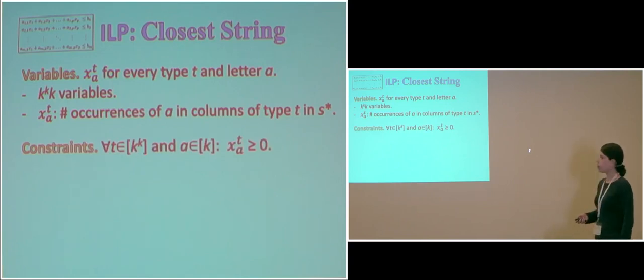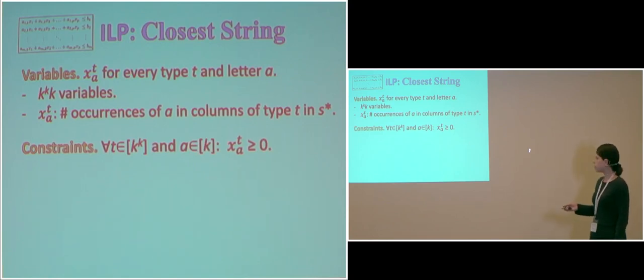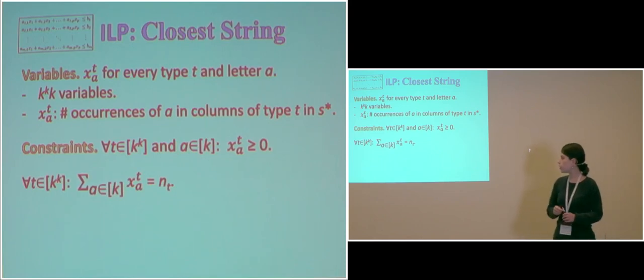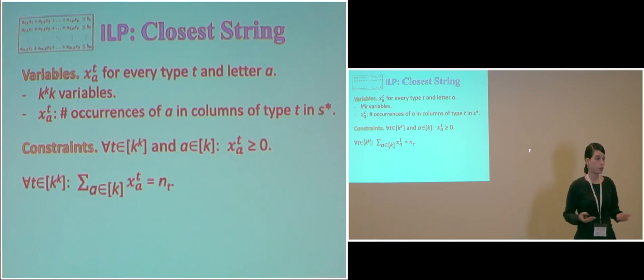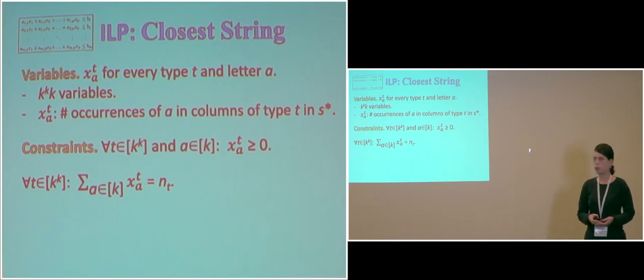So the constraints that we are going to have: first of all, we will demand all of these variables to be non-negative. Okay? Now the second thing is that we need to ensure that the number of times we use a column is exactly the number of times we have it available. Right? We don't use it too many times or fewer times than how many times we have it.